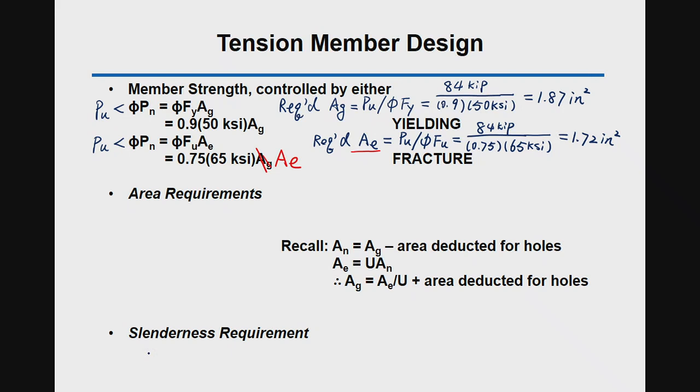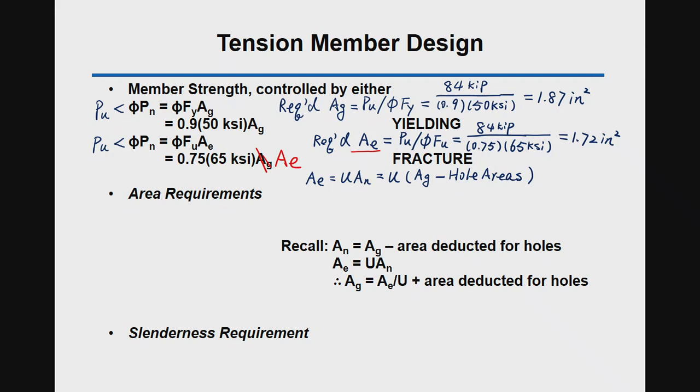So for the required AG, recall that AE equals U times AN, right? So AN equals AG minus the hole areas.